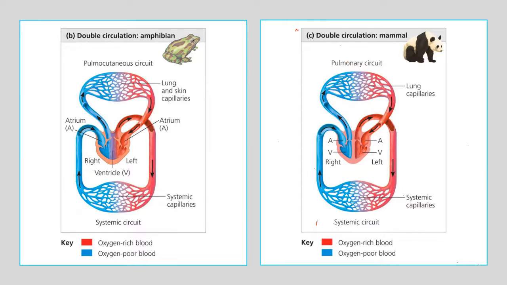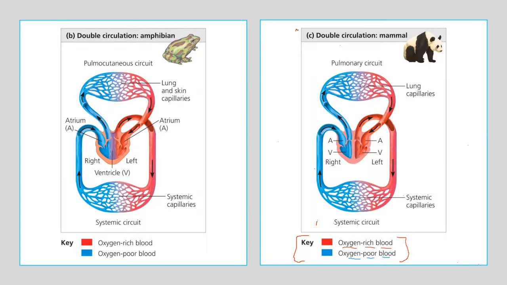Let's look at this key. Make sure you know this key. Whatever you see red means oxygen-rich blood, and blue means oxygen-poor blood.